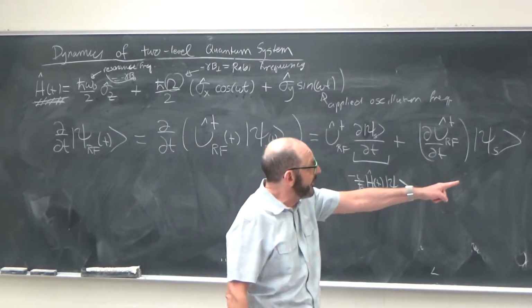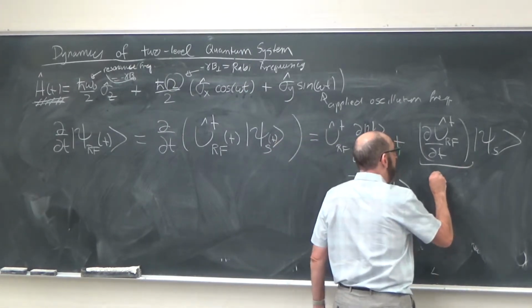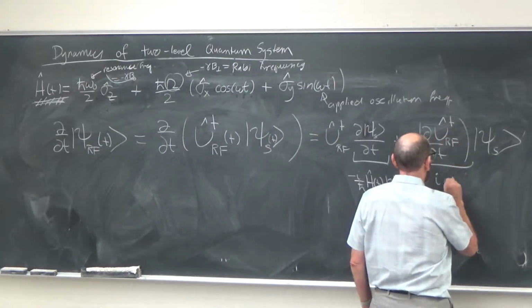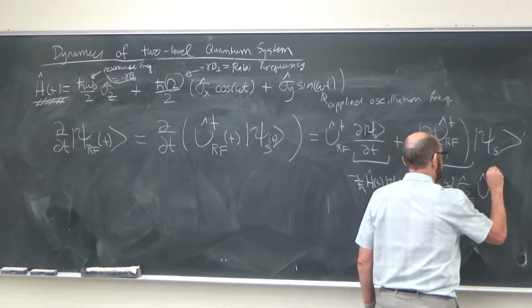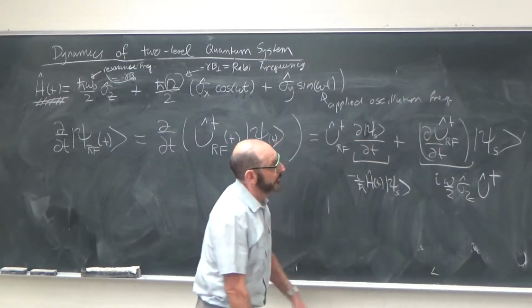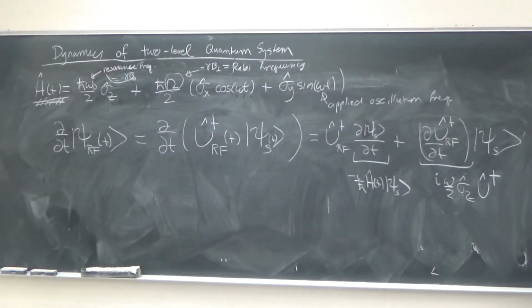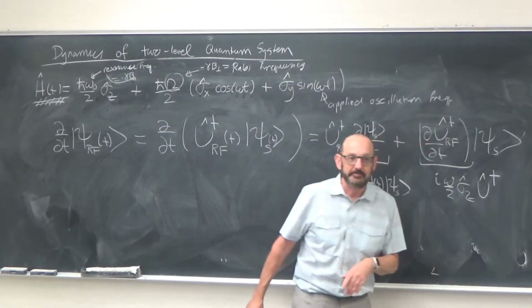Then we have to take the time derivative of the transformation, and that is equal to i omega over 2 sigma z times u dagger. If I take the derivative of this thing with respect to time, I bring down the exponent, take the derivative of the exponent, and actually it's the dagger of that, that's why it's a plus.